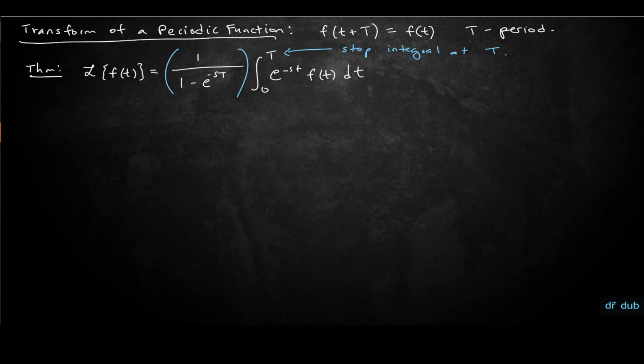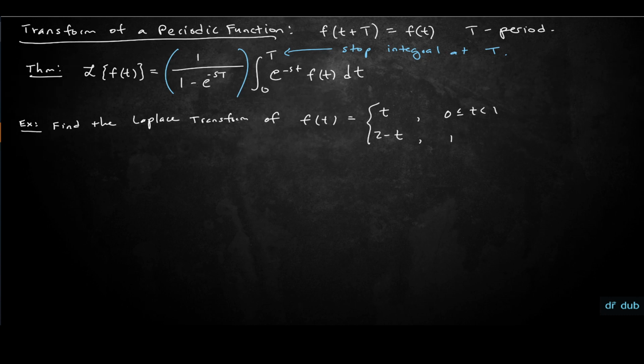So, example. Find the Laplace transform of f of t equal to, it's piecewise, it's t, 2 minus t, and the interval where it's t is from 0 to 1, and from 1 to 2, it's 2 minus t.